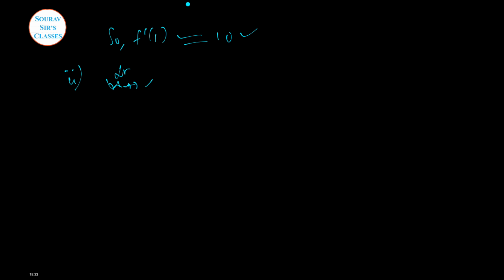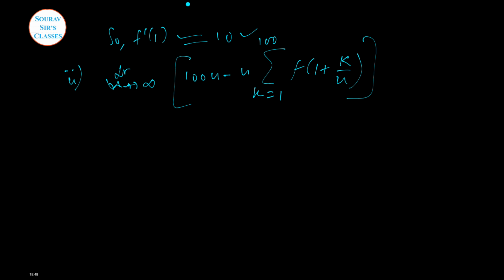u tends to infinity of 100 u minus u, sum over k equal to 1 to 100 of f of 1 plus k by u. Now here if u becomes infinitely large, then k by u becomes arbitrarily small for finite k.